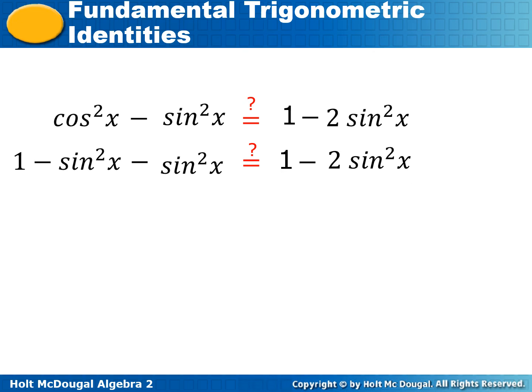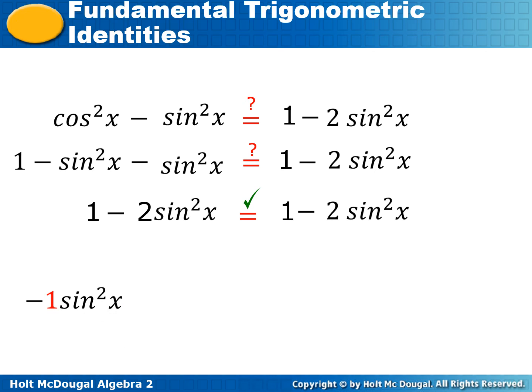So from here, negative sine squared x minus sine squared x is equal to negative 2 sine squared x. So we have 1 minus 2 sine squared x is really equal to 1 minus 2 sine squared x. Remember that negative 1 sine squared x minus 1 sine squared x is equal to negative 2 sine squared x.